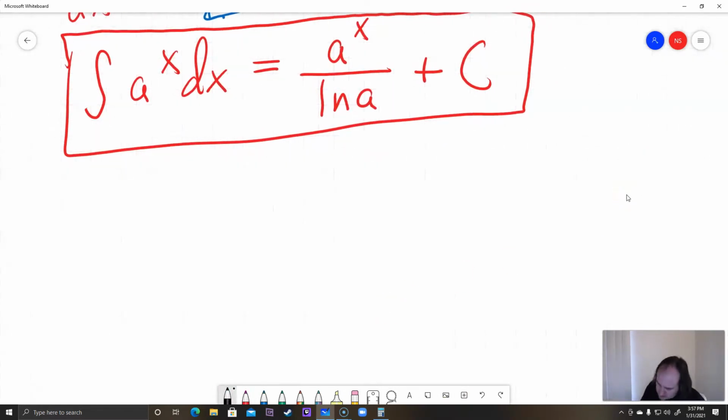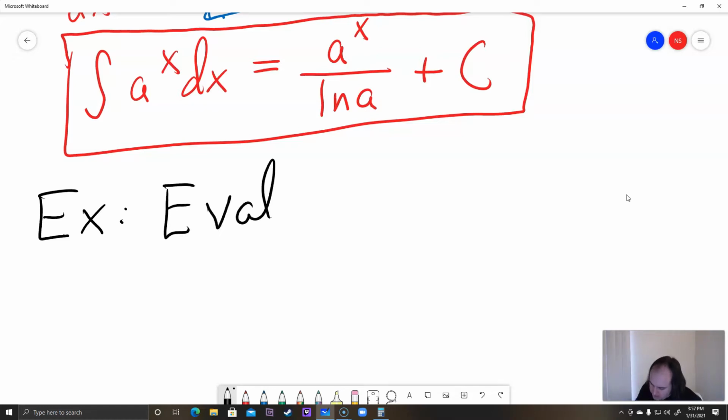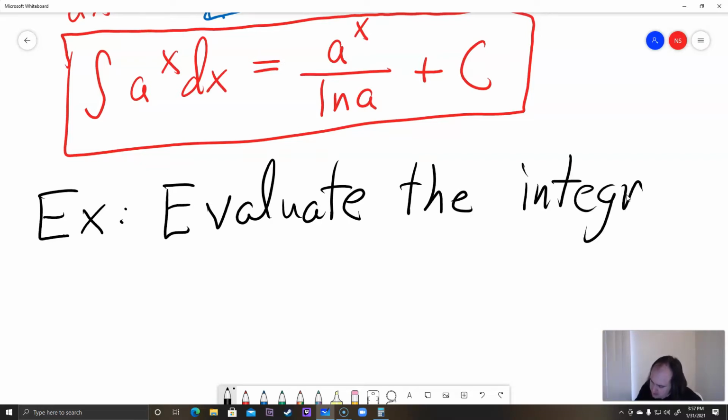Okay, so example. Evaluate the integral. I'm going to skip the easy one and go to a slightly harder one, just in the interest of saving time.